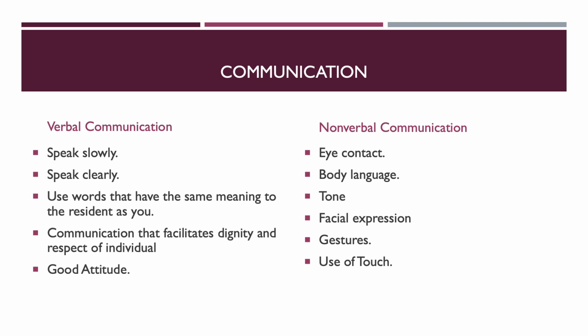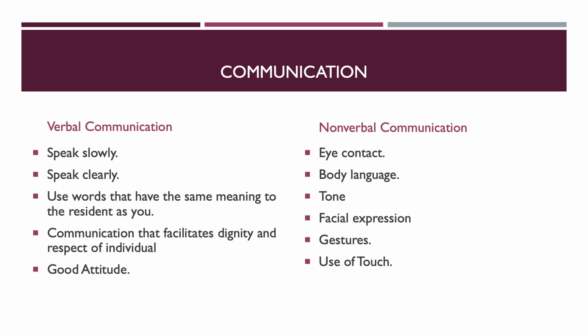Now, a huge part of indirect care is communication. Communication is going to be key on so many different levels. Not only communicating with the patient and their family members, but also the care team and everyone involved. So when it comes to communication, there are two different types: verbal communication and nonverbal communication.